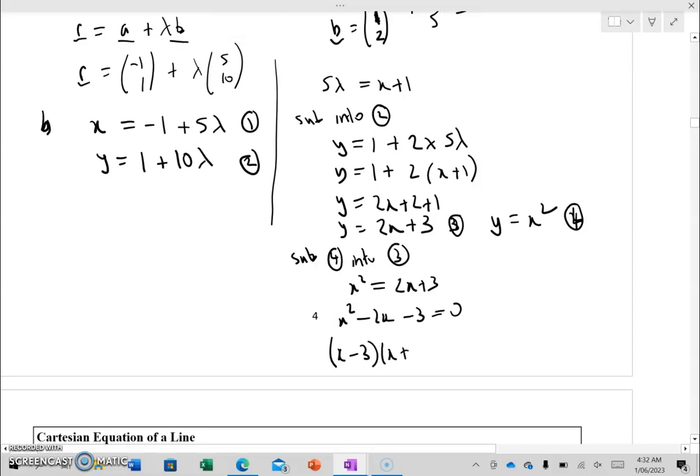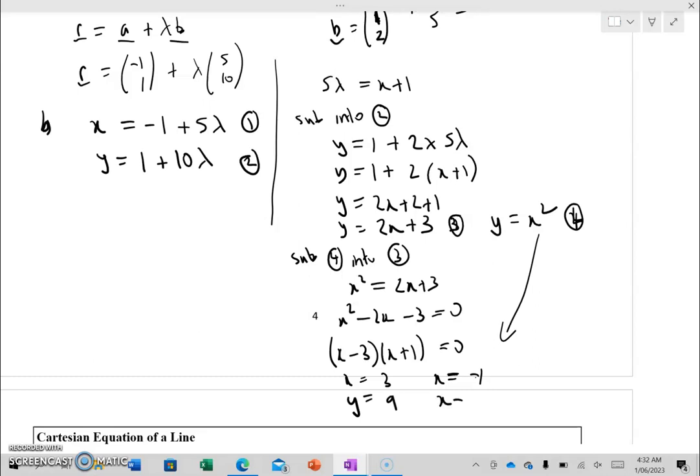Negative 3 plus 1. So x equals 3 and x equals negative 1. And they intersect on y equals x squared, so if you square that, that'll be 9. If you square negative 1, y will equal 1. So therefore they intersect at the points 3, 9 and negative 1, 1.